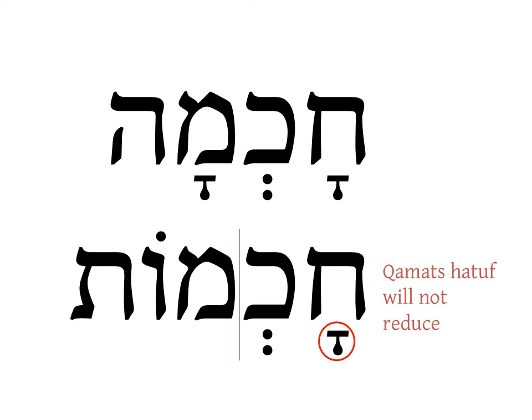Mot is a tonic, and chok is a pretonic. So there's no propretonic syllable here. There's no syllable two before the stress for us to have propretonic reduction. So not every kamatz at the beginning of a word is going to reduce. Just keep your wits about you.